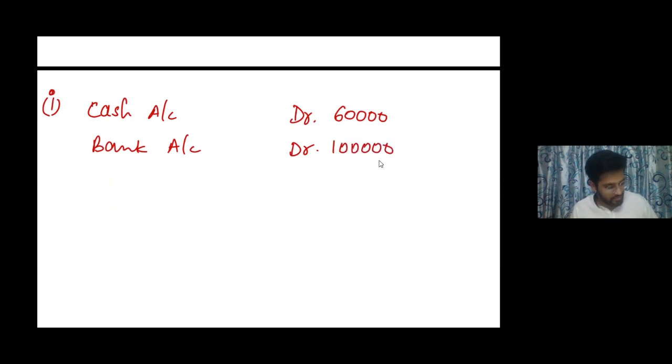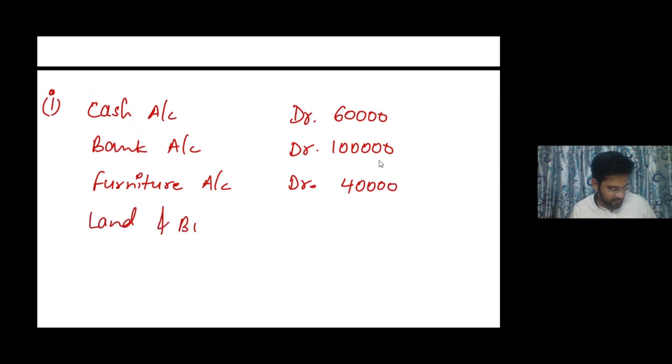Then we will have furniture account also debited with 40,000. And lastly, we have land and building account debited with rupees 2 lakhs.